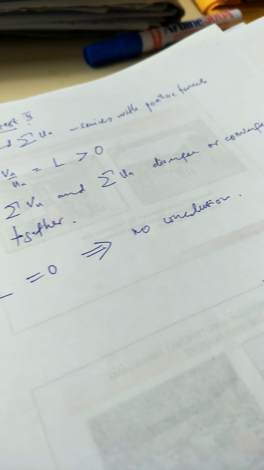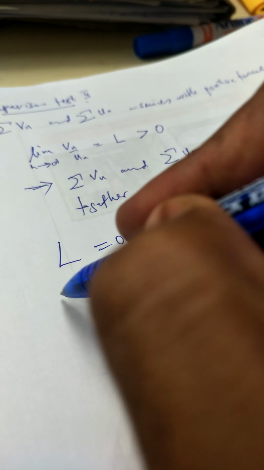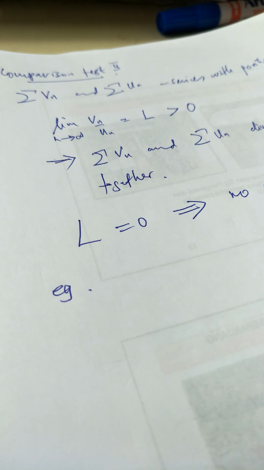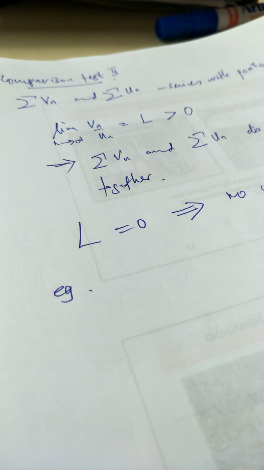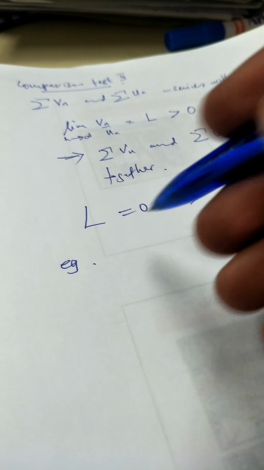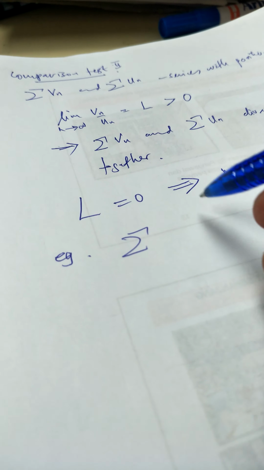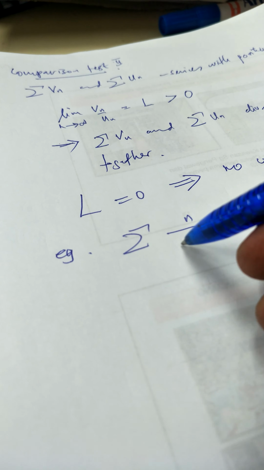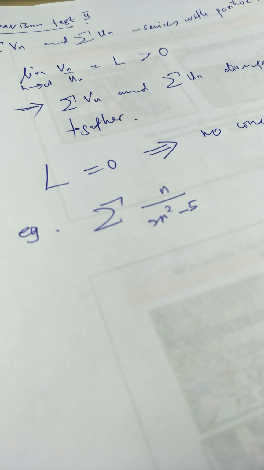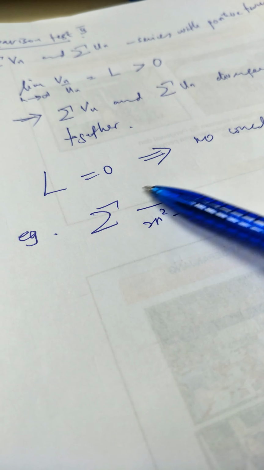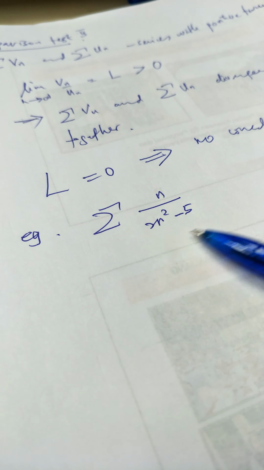Now let's see some examples of how to use comparison test 1 and comparison test 2. Let's consider this series, n over 2n squared minus 5. Look at the terms there.